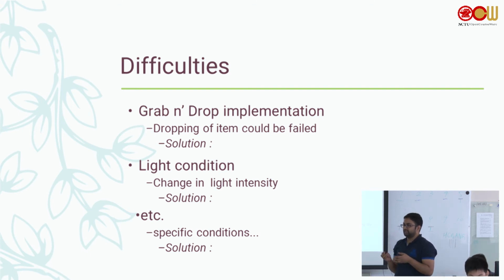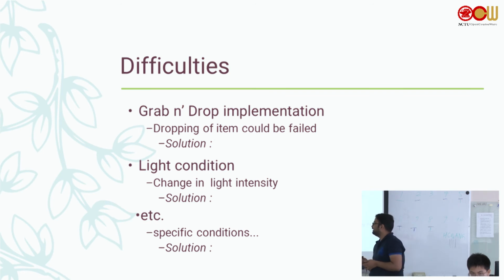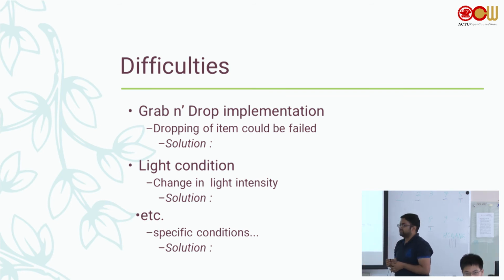As soon as the camera detects an object and the gripper grabs it, the motor of the trash can moves to a 120-degree angle and places the trash can of that particular color to drop the object in it. The second difficulty is the light condition. A change in light intensity might affect detecting faces or objects. We can overcome this problem by avoiding sunlight interruption and maintaining the intensity of the room light.